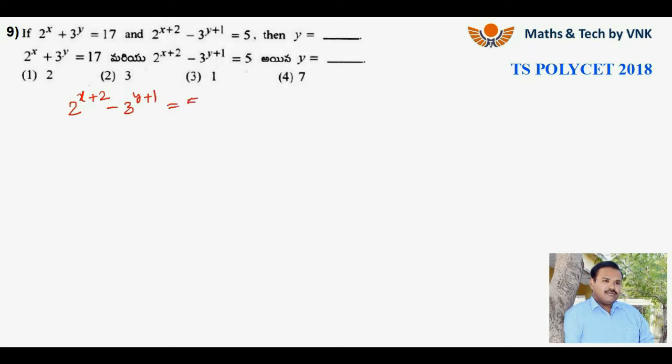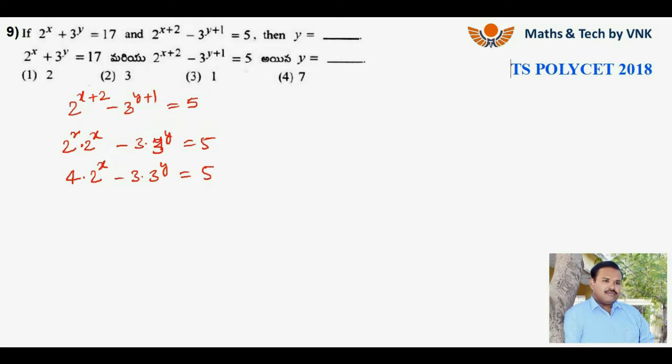So 2 power x plus 2 is nothing but 2 square into 2 power x, minus 3 power y plus 1 is nothing but 3 into 3 power y, is equal to 5. So this 2 square is nothing but 4, 4 into 2 power x minus 3 into 3 power y is equal to 5.